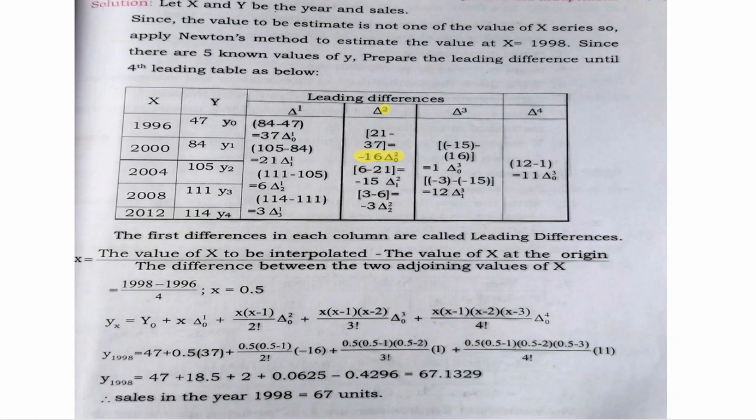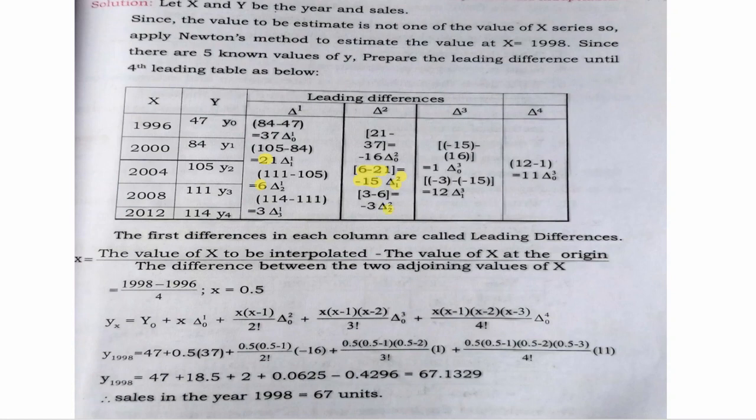Next is delta 1 to the power of 2: 6 minus 21, the value is minus 15.